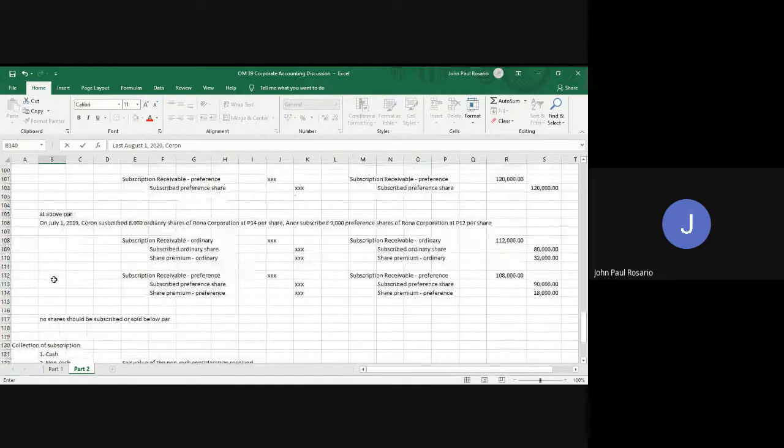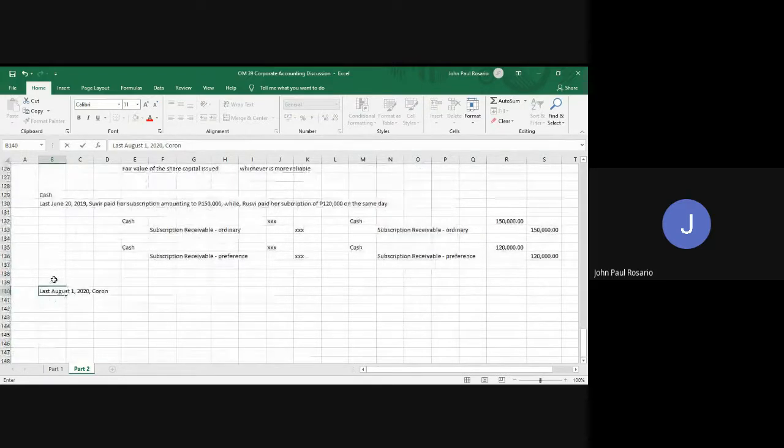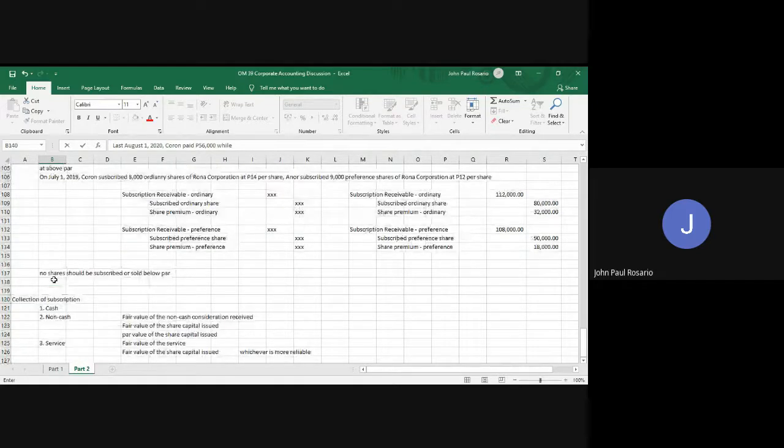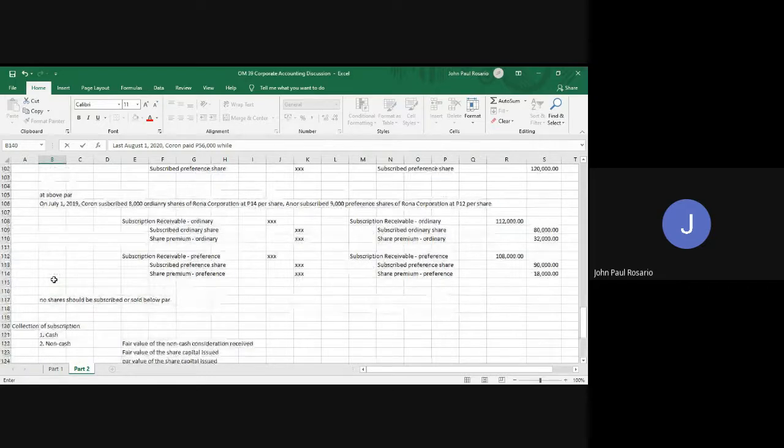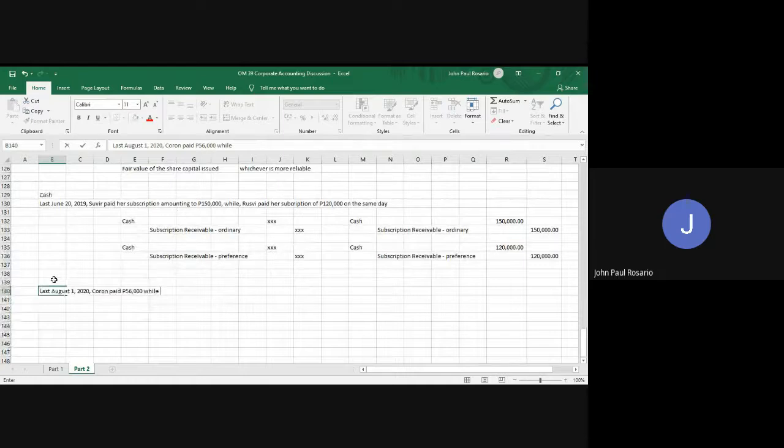Coron paid 56,000 while Anor paid 54,000. Okay.